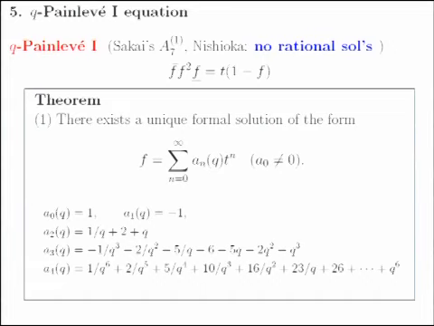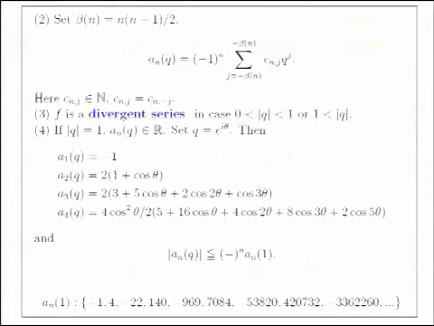Of course, you may understand there is some alternating sign, like this or something. So if you set beta_n as n minus 1 over 2, then a_n(q) is like this, and c_nj is symmetric. All c_nj are positive numbers.